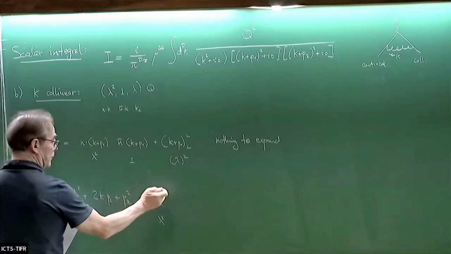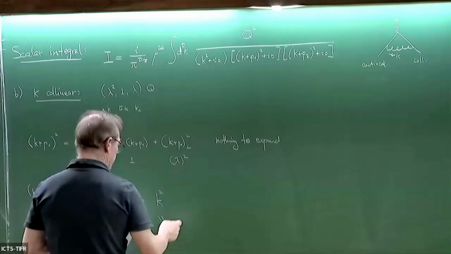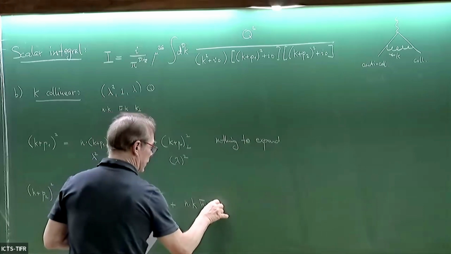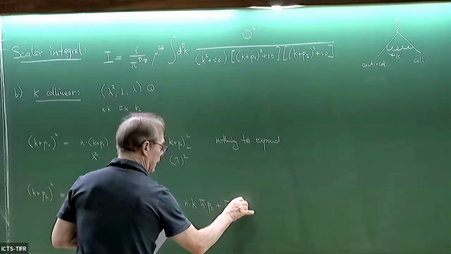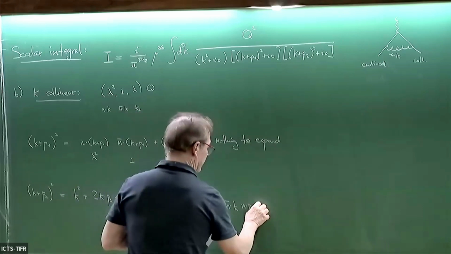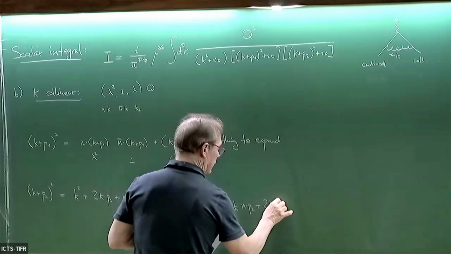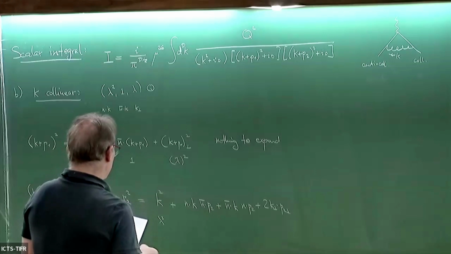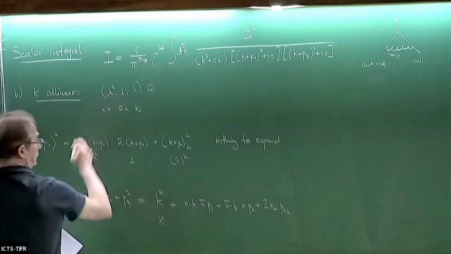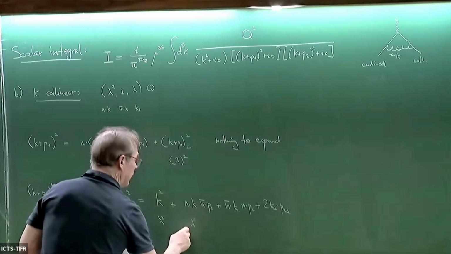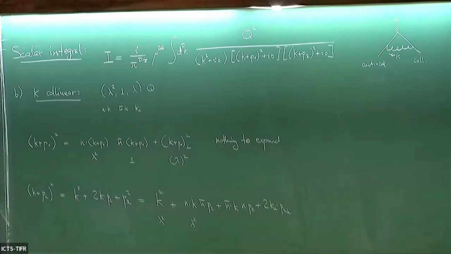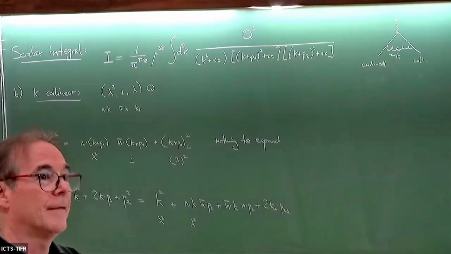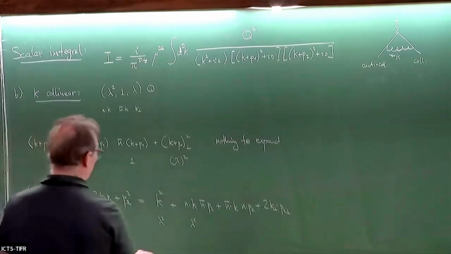P2 square is also of order lambda square. 2 K dot P2 I can write as n dot K n bar dot P2 plus n bar dot K n dot P2 plus 2 K perp P2 perp. n dot k, since it's a collinear momentum, is of order lambda square. n bar dot P2, do you remember P2 was anti-collinear? n bar dot P2, is it the large or the small component? Small component, great. So it's also of order lambda square.